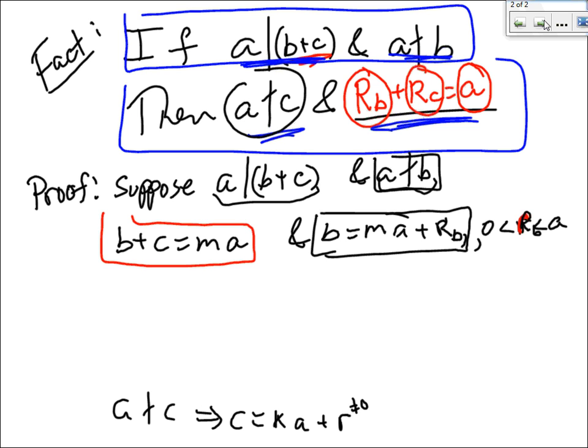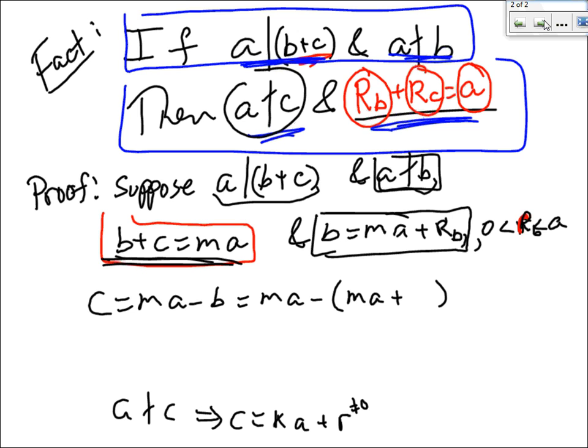One of them has C in it, which is good. Solving this for C, C is MA minus B. B is MA plus RB.